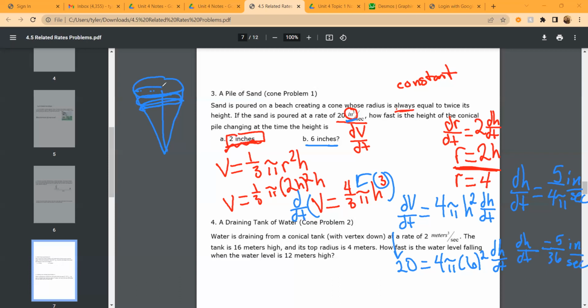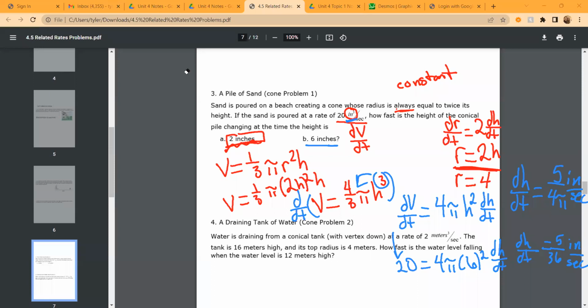So this volume is going to affect it a little bit less the taller and taller you get with your cone. It makes sense because, like, think about if you've ever filled up a cone, but that's a weird statement to say. It fills up really quickly at the bottom and then takes a while to fill up at the top. If you ever filled up like a bowl of soup, the bottom fills up really quickly and then you can put a bunch more soup up at the top.